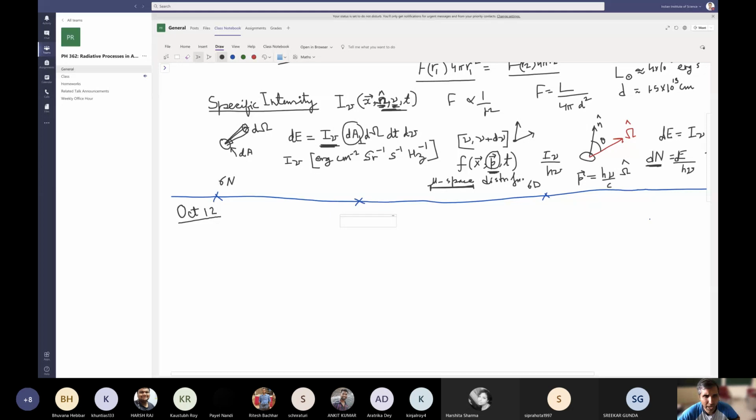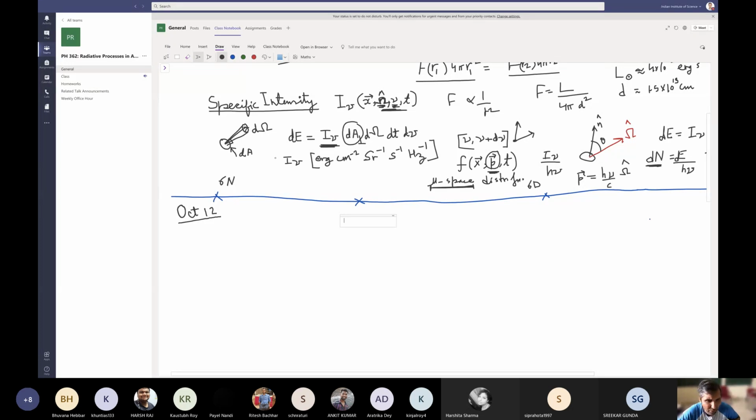Basically what it stands for is, if dE is the energy crossing per unit area per unit time through some small area dA, dE is equal to the specific intensity multiplied by the perpendicular area times the solid angle times the time dt and frequency range d nu.